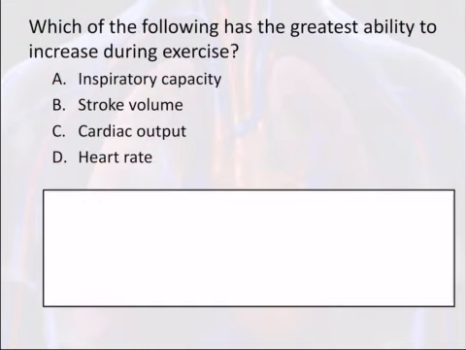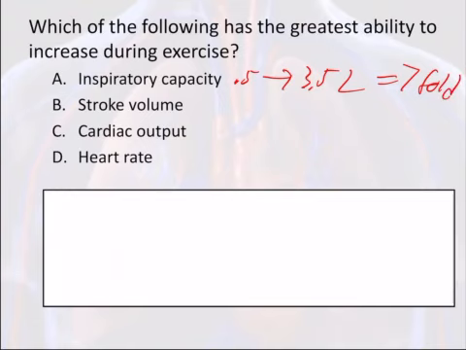Okay, so one more question like this. We'll deal with this a lot more in the TBL days, but which of the following has the greatest ability to increase during exercise? We already looked at this, going from about 0.5 to about 3.5 liters, right? So that's a 7-fold increase. We talked about this going from about 50 or 60 up to about 100 to 120.